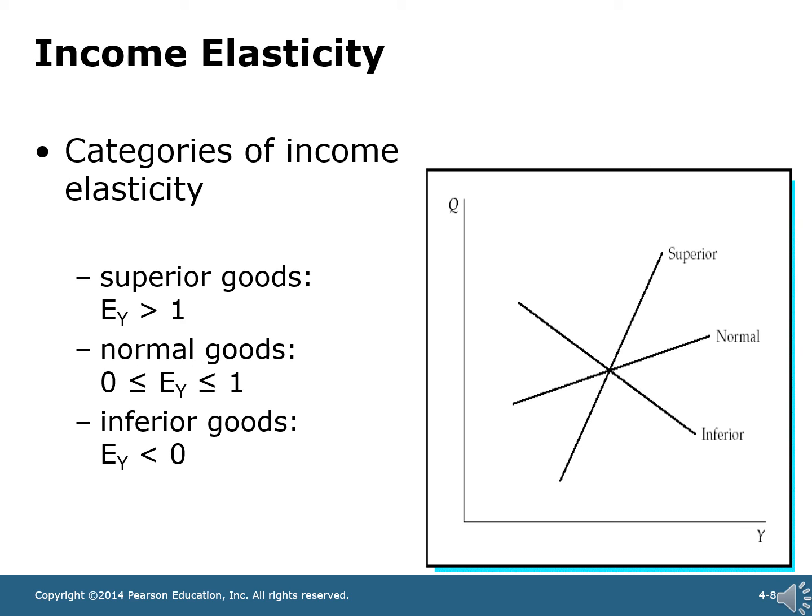Now, income elasticity of +1 represents another dividing line. So when it's positive, between 0 and 1, the good is going to be a normal good. But when it's above 1, that's called a superior good or luxury good.